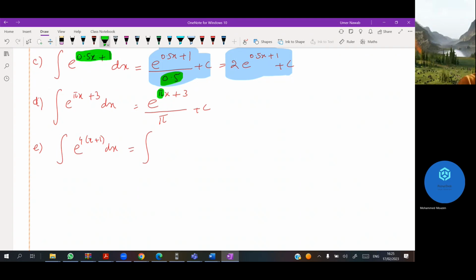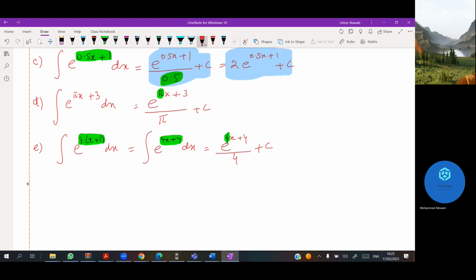You can see he has not expanded the bracket, so it's better to expand the brackets first: e raised to power 4x plus 4 dx. Now the question is ready to be integrated because we have a linear expression in the power. I write the same answer and divide by the coefficient of x, which is 4, plus c.